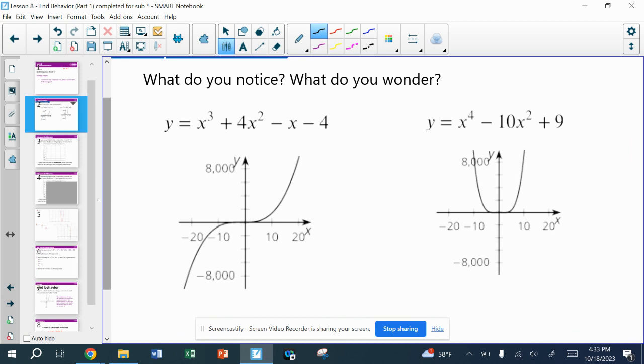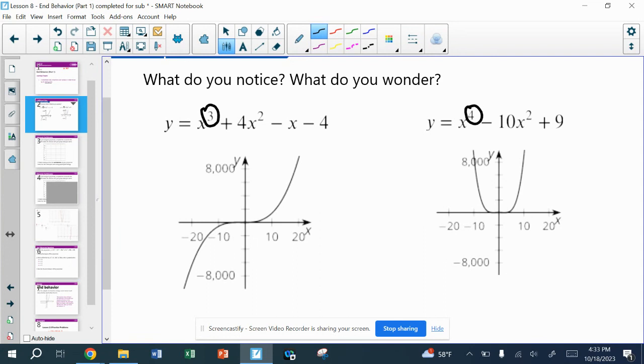We've got a third degree on this first one, and a fourth degree over here. Because of that, they kind of flatten out on the x-axis. It's hard to see what the actual zeros would be. So I do notice that I can't tell exactly what the zero is in either of these functions.